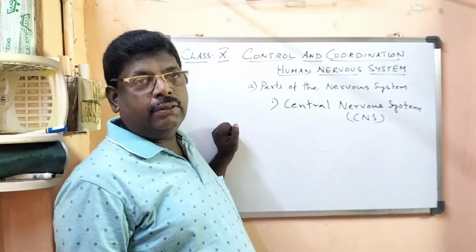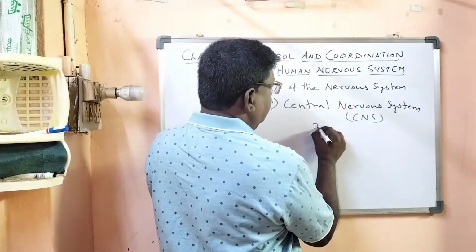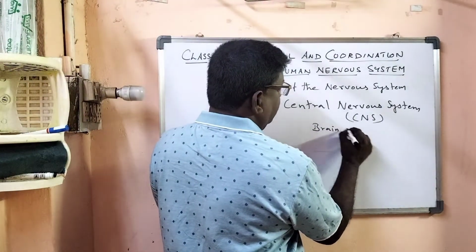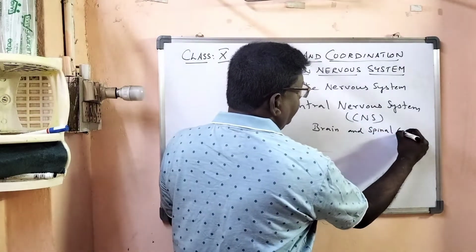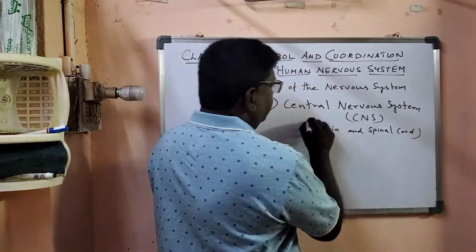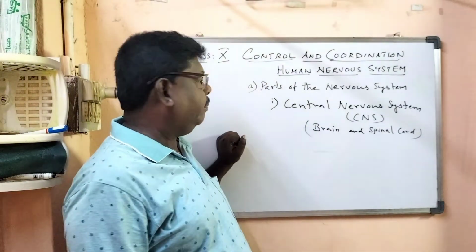This central nervous system includes the brain and the spinal cord. So what is central nervous system? Central nervous system consists of brain and spinal cord.